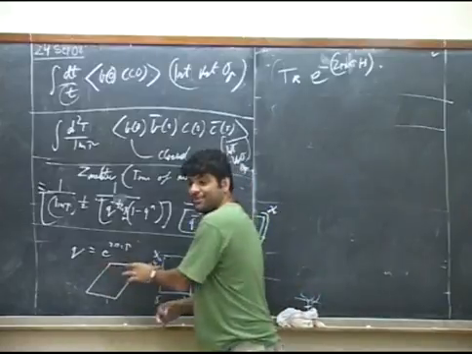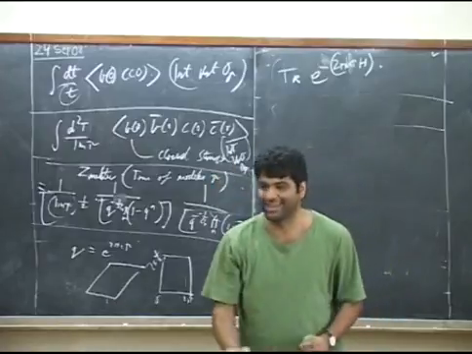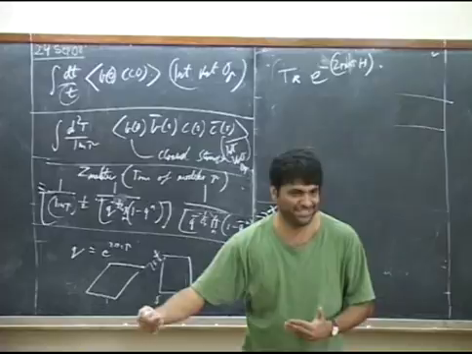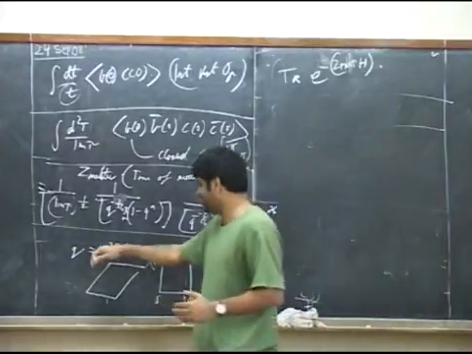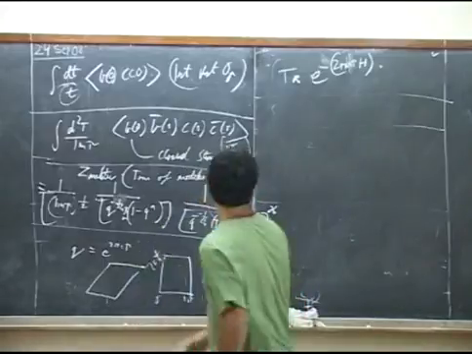So how do you get this skewness? You put a generator of translations at the last step of the path integral. You do a trace with an insertion of the generator of translations. So what is the generator of translations?